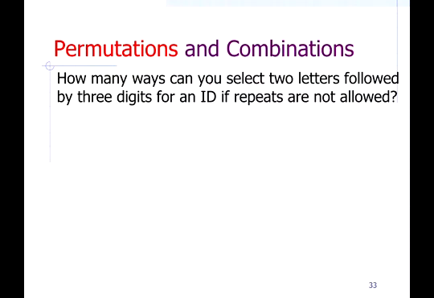And digits are numbers 0 through 9, so you have 10 digits. Of the 52 letters, you're picking 2 of them, and of the 10 digits, you're picking 3 of them.